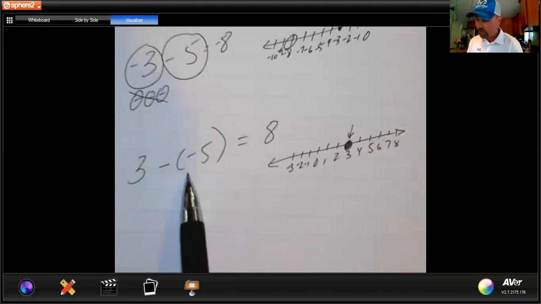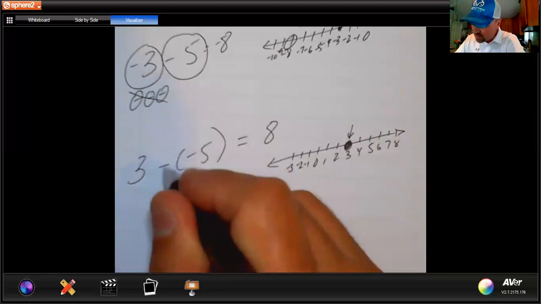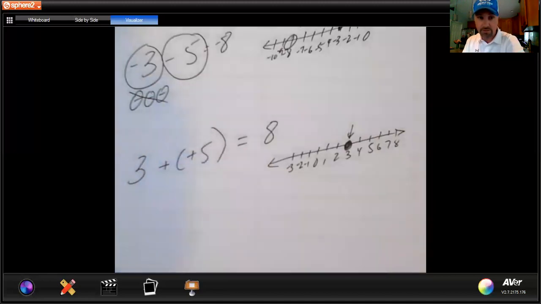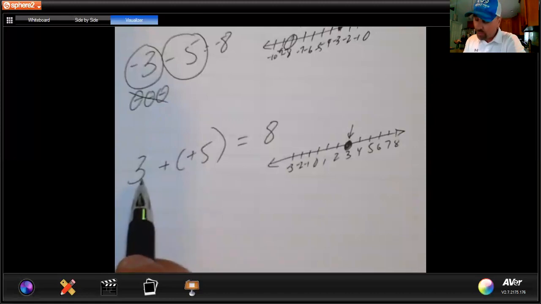Two negatives, two minus signs next to each other, okay? And the way that we're going to deal with this is we are going to see this as minus negative means plus positive. And it does every time. It's taking away a negative, which in essence is adding, okay? So that problem went from 3 minus -5 to 3 plus +5.